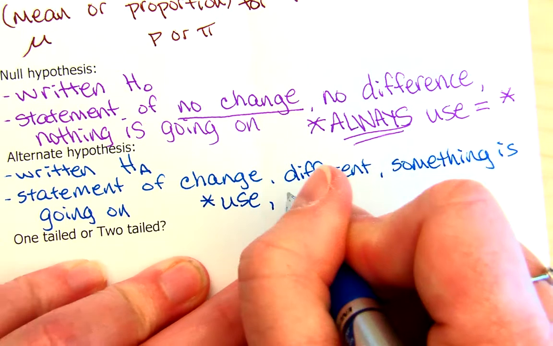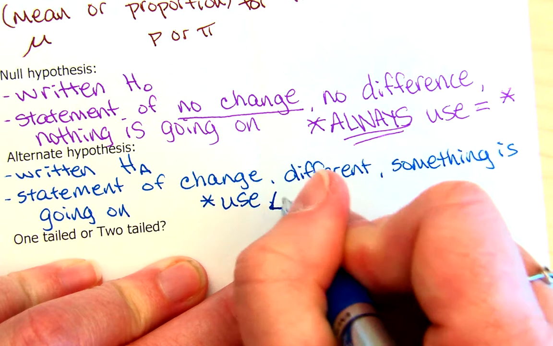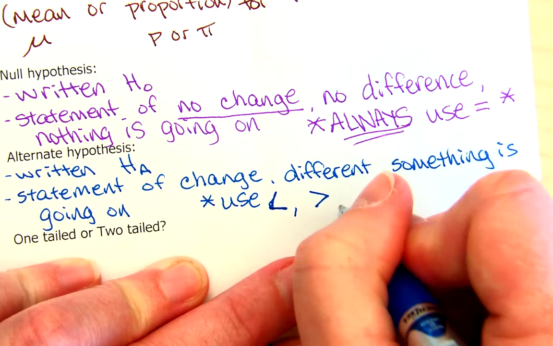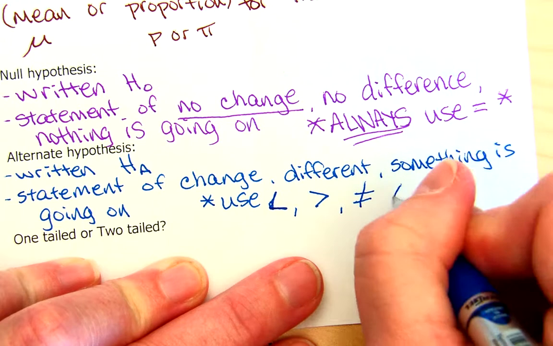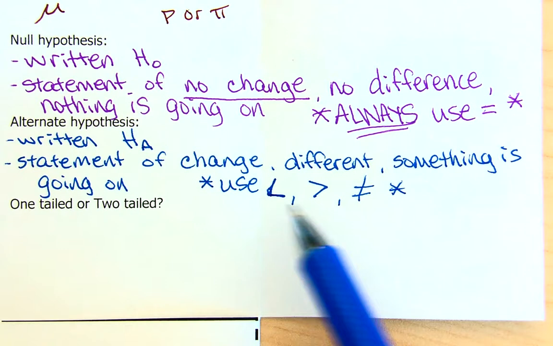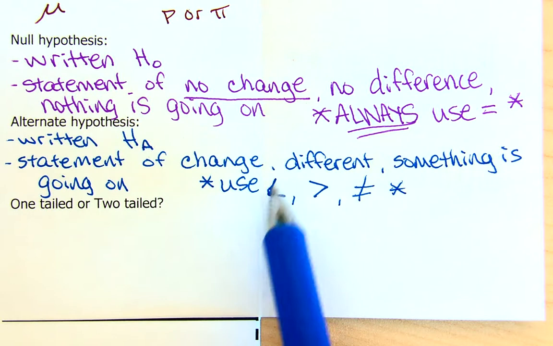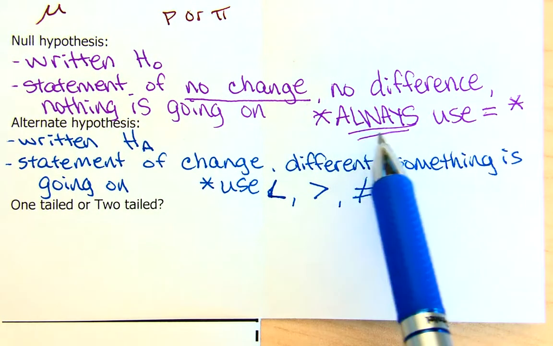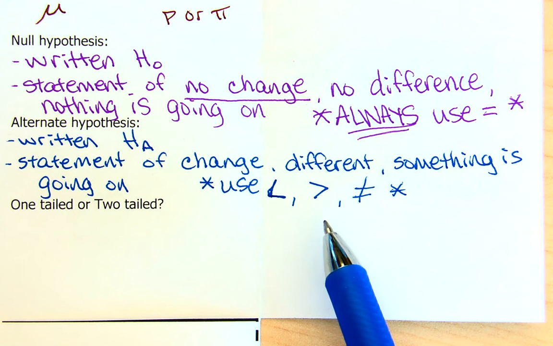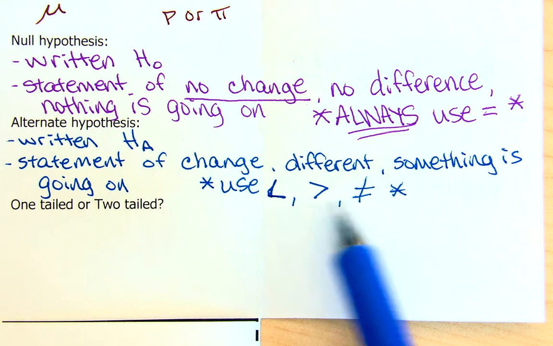So here we'll use a less than or a greater than or not equal to. We never use an inclusive inequality. We will never say less than or equal to, because the equal is always up here in the null, and this is always some sort of inequality. Okay, it has to be inequality here.